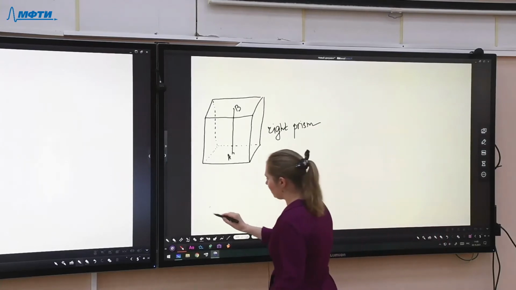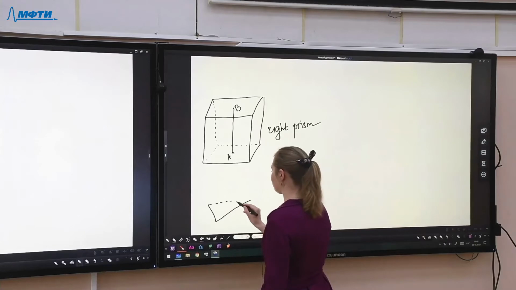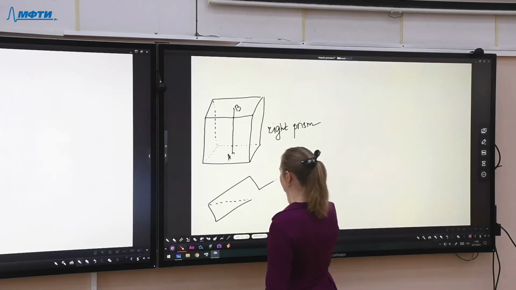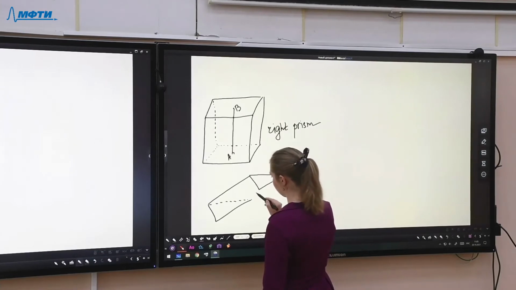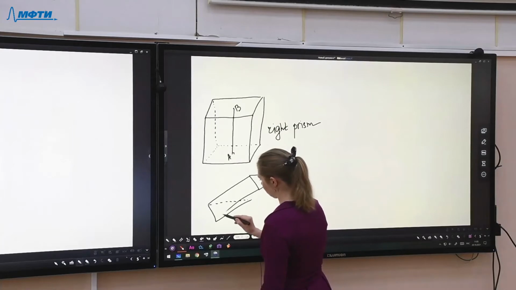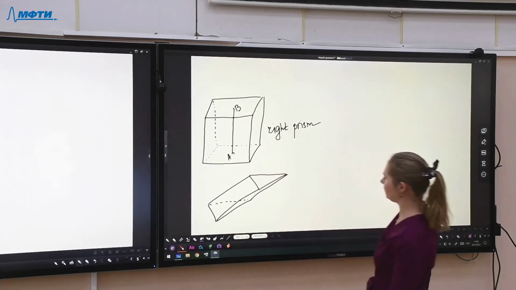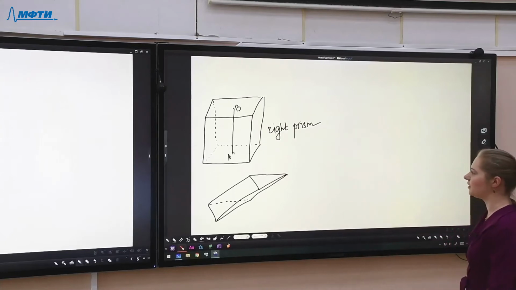Sometimes we have a case when they are not parallel. For example, like here. Well, this prism is not a right prism.